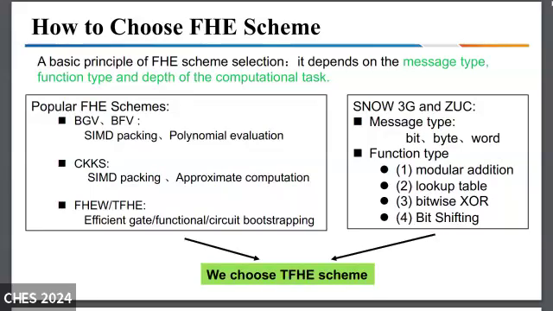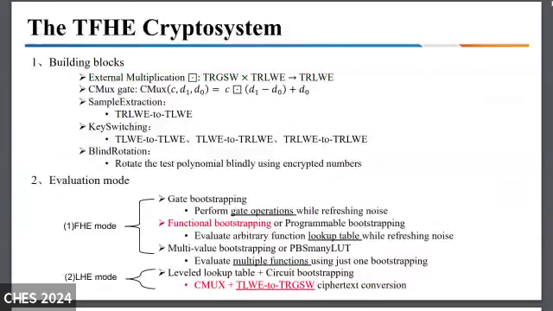If we want to evaluate these four function types together, it is very difficult and very hard. So as we can see, in this paper we chose TFHE because I think TFHE is more suitable.